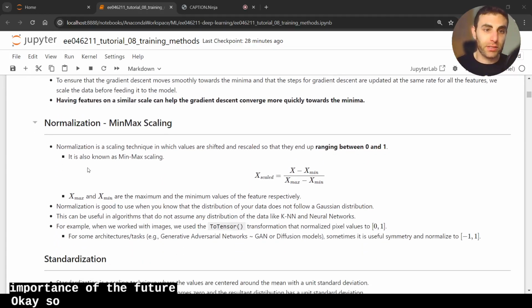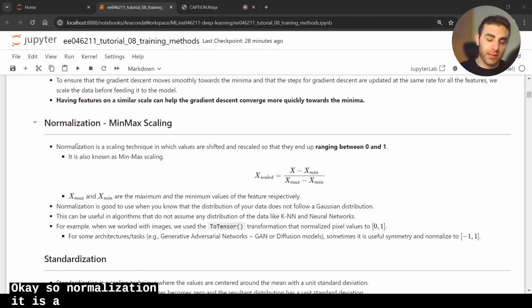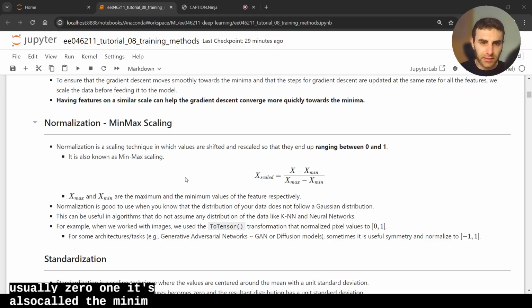Okay, so normalization. It is a scaling technique in which we normalize between some range, usually 0, 1. It's also called MinMax scaling. The idea is that we calculate the maximum feature value and the minimum feature value from the training data, and then we just normalize all the features according to these values.